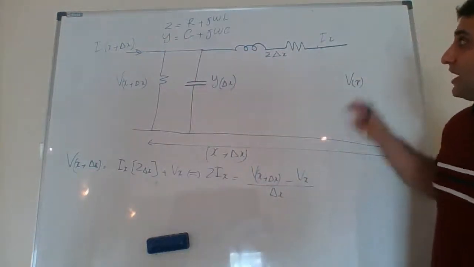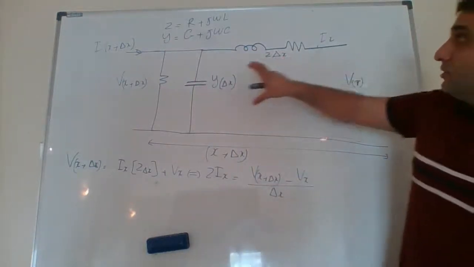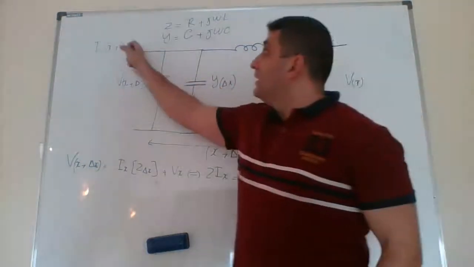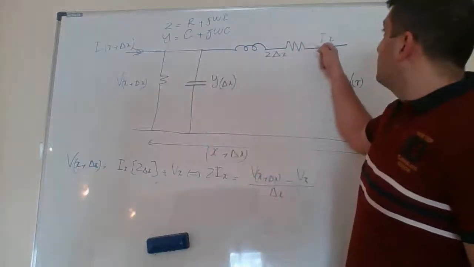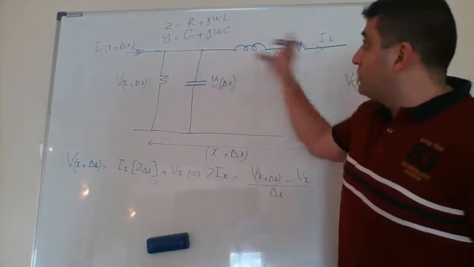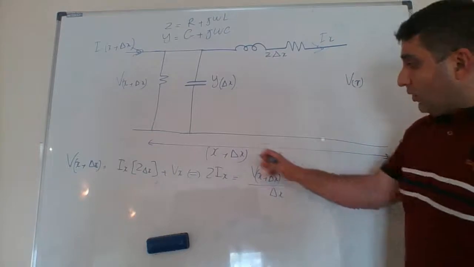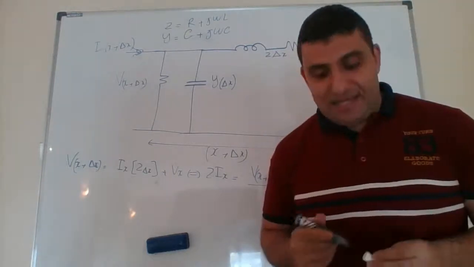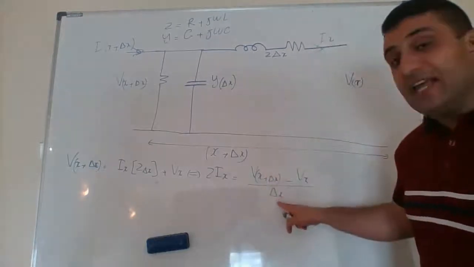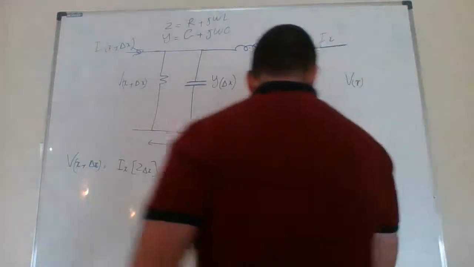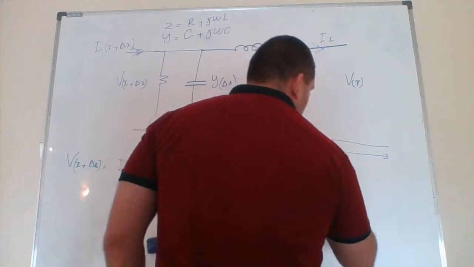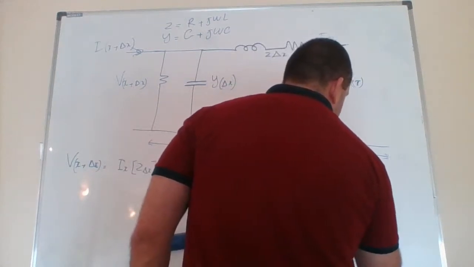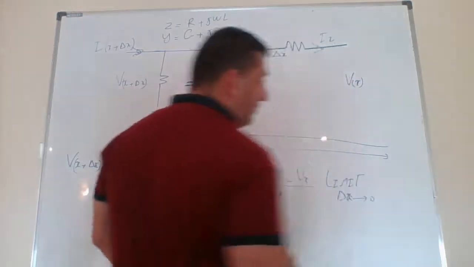All I did now is analyze the circuit. This voltage is equal to this voltage plus this voltage. Let's say this current goes through here. All I did is rearrange it into here. Do you remember the limit calculation when delta X goes to 0?